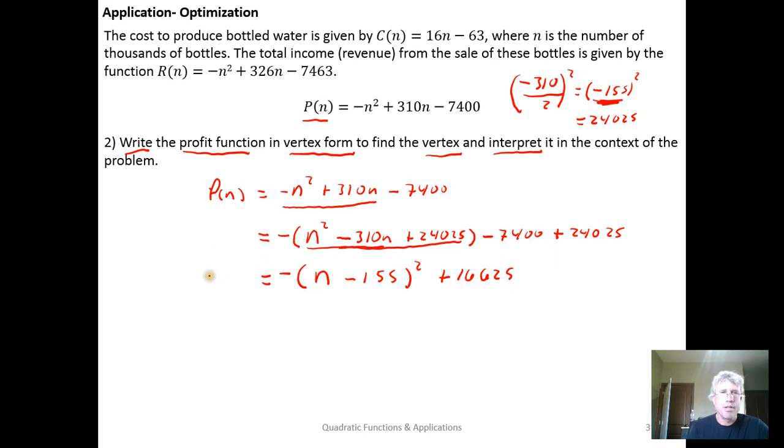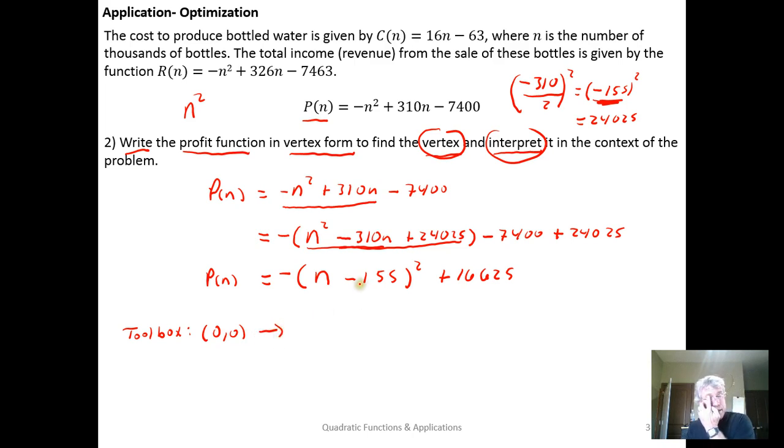Now I should have enough information to find the model vertex, because we know that this is a squaring function, so the parent function is just the squaring function. We want to find the vertex and interpret it. The vertex of the parent function or toolbox function is at 0, 0. Once we're in vertex form, we can see how the original vertex has been transformed.